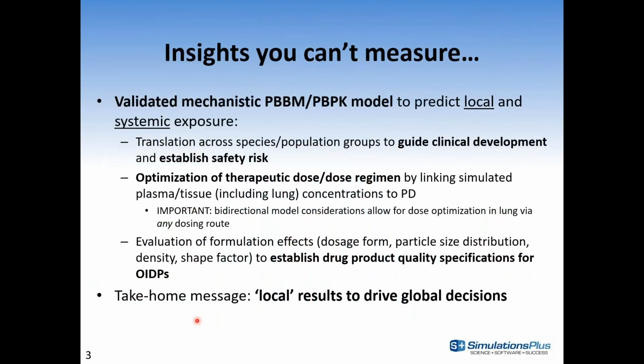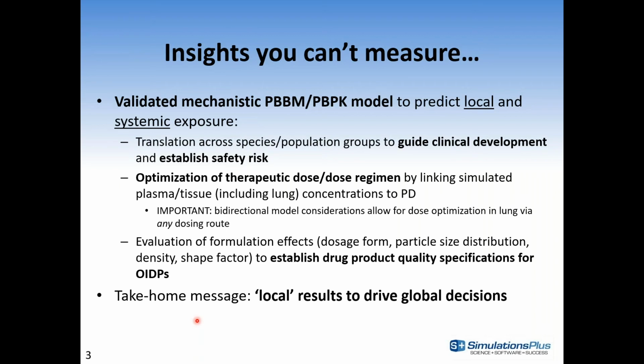What we're trying to push, not only with the pulmonary model, but with all of these non-oral delivery route systems that we have in GastroPlus today, is this idea that you can generate insights which you can't easily measure. So in all cases, similar to what many of you have become familiar with using the ACAT model in GastroPlus, here for the pulmonary system we have a validated, mechanistic, physiologically based biopharmaceutics connected to a PBPK model that allows us to predict both local and systemic exposure.